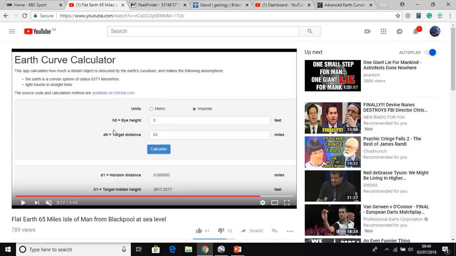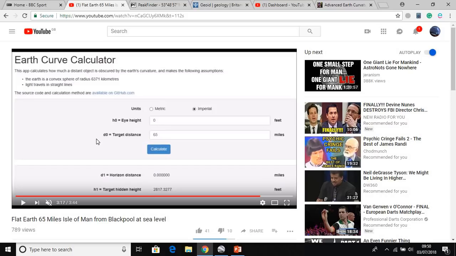Now, this calculator doesn't take into account refraction, and everybody knows that refraction occurs. It's easy to demonstrate both in a laboratory setting or a controlled setting, and also in nature. Mankind has been observing mirages and looming and other refraction effects for, well, as long as mankind's been walking the earth.